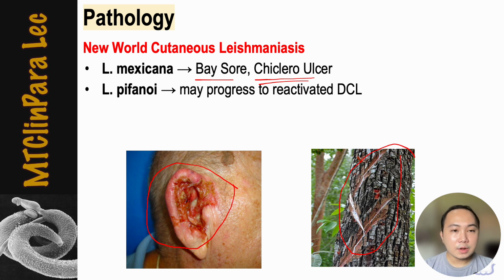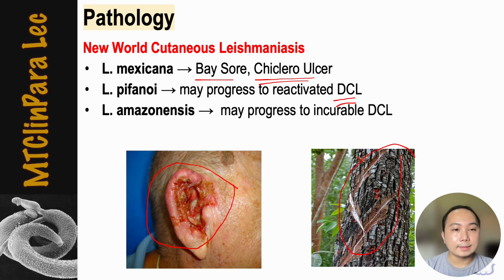For L. mexicana's relatives, L. amazonensis is mostly commonly associated with the reactivation of your CL to become diffuse. This is an opportunistic parasite, especially if the patient has a low immune system, to become diffuse or to create satellite lesions all throughout the bite site of the patient.